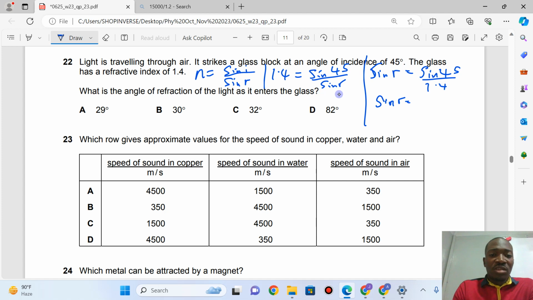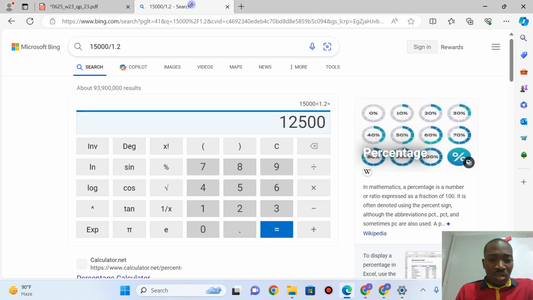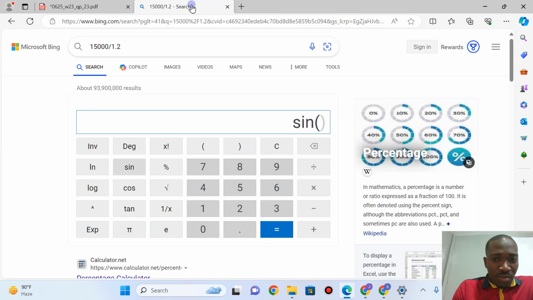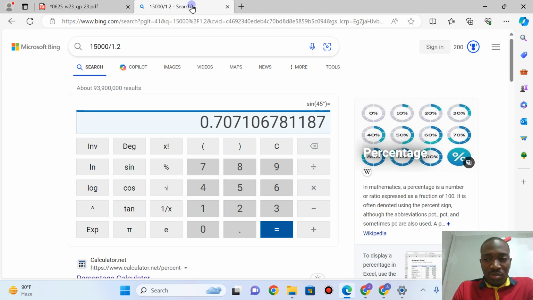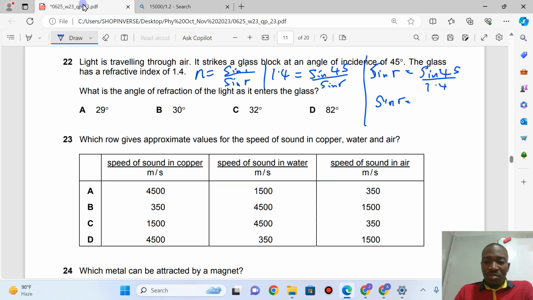Then we check sine 45 degrees. Sine 45 equals cos 45, that's 0.707. That's correct. So sine r equals 0.707 over 1.4.